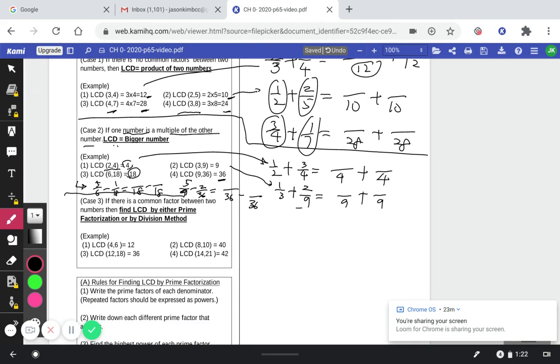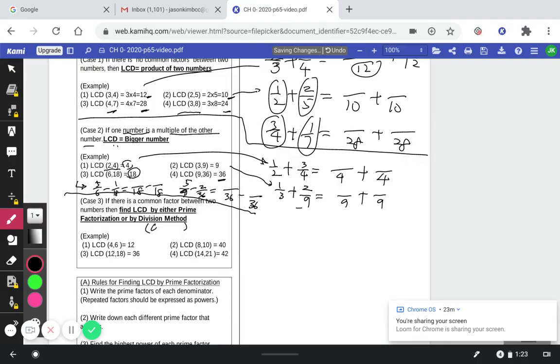Now, the third type of finding a denominator. If there is a common factor between two numbers, then find the LCD by either prime factorization or the division method. The division method is the one that I use all the time because it's simpler.